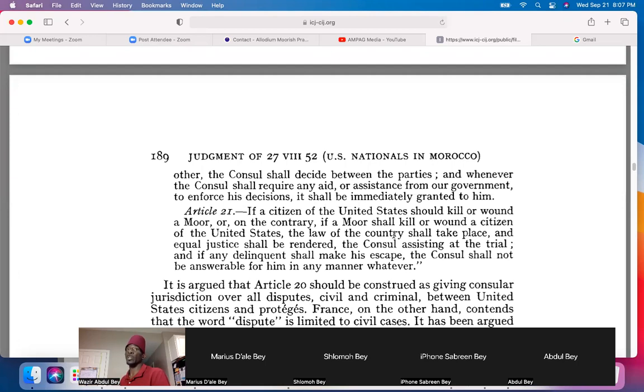So the Moroccans are subjugated on their own land, which is called Morocco, and they're under American jurisdiction as Moorish subjects. That's what's going on. They didn't come from Africa on the slave ships as slaves, and they're in Morocco. Therefore, they're Moroccans.